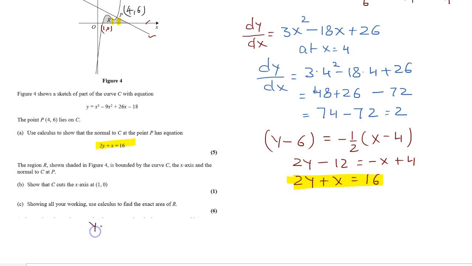So we have y is equal to x cube minus 9x square plus 26x minus 18. It's saying y is equal to 0. So if it is cutting at x, put x is equal to 1, we can get 0.